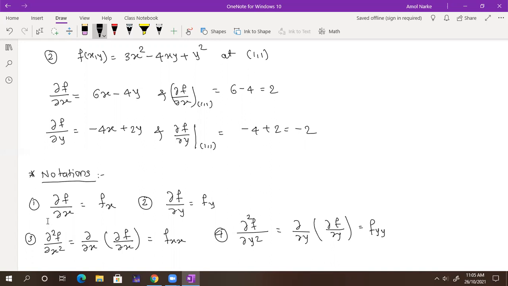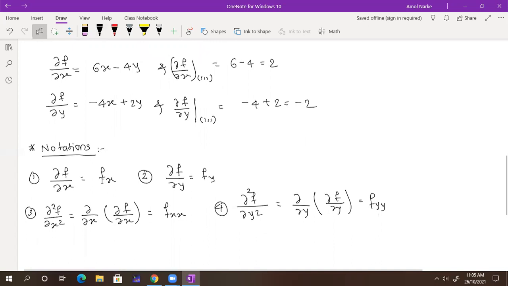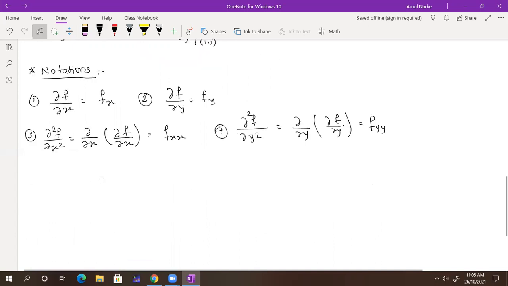Now the second point is the mixed derivative. That is quite interesting. It is sometimes called the cross derivative, or mixed partial derivative.